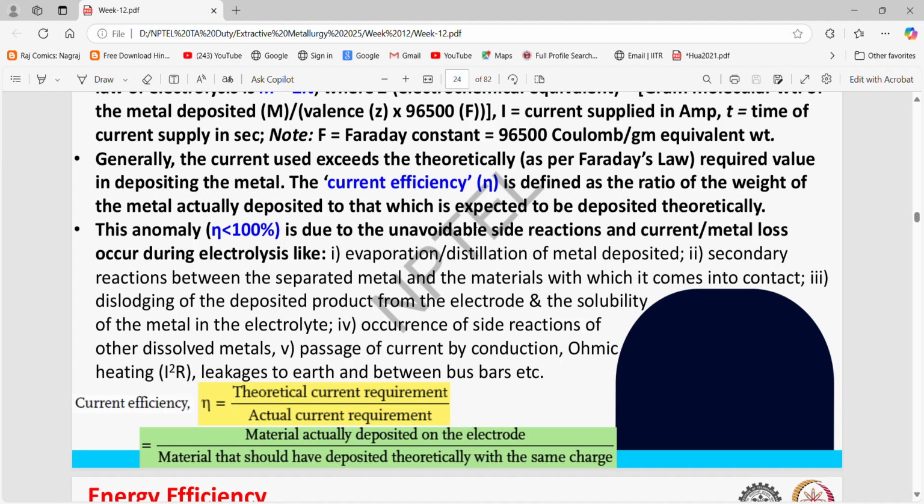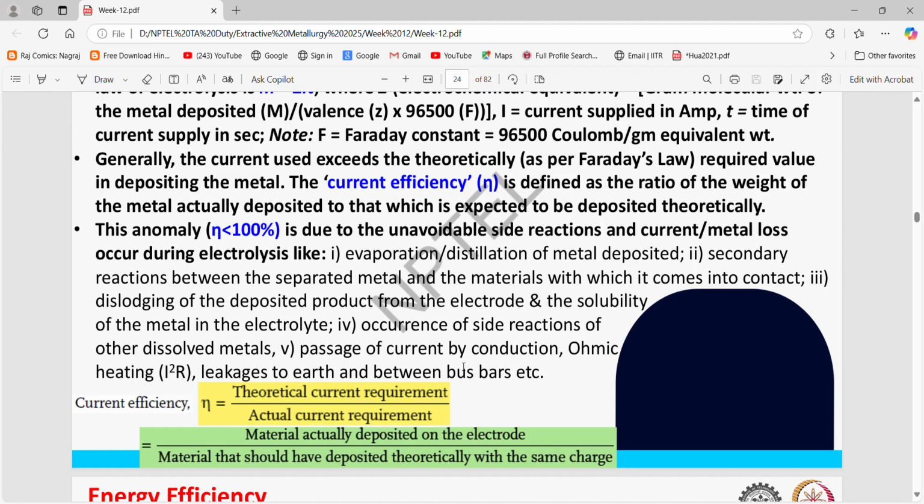This eta being less than 100% is due to unavoidable side reactions and current or metal loss occurring during the electrolysis process, like evaporation or distillation of the metal deposited, secondary reactions between the separated metal and the materials with which it comes into contact, dislodging of the deposited product from the electrode, and solubility of the metal in the electrolyte.